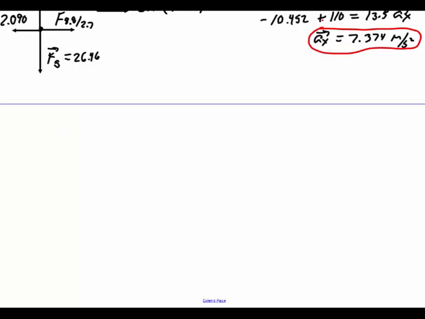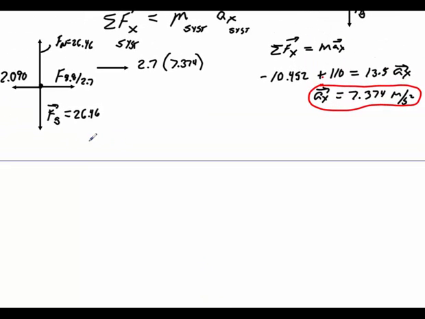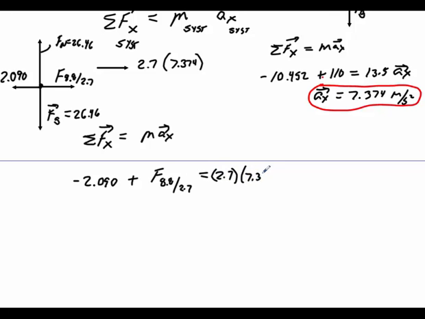Okay, now all we have to do at this point is sum forces in the x. Sum forces in the x, set it equal to mass times acceleration in the x. I will get minus 2.090 plus the force of the 8.8 onto the 2.7 must equal 2.7 times 7.374.